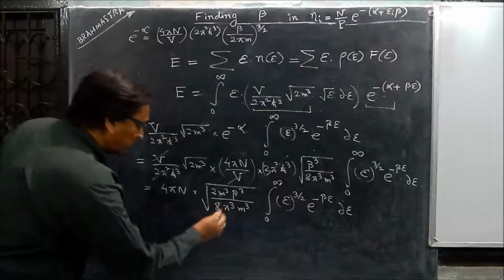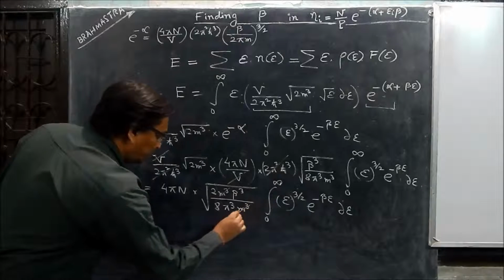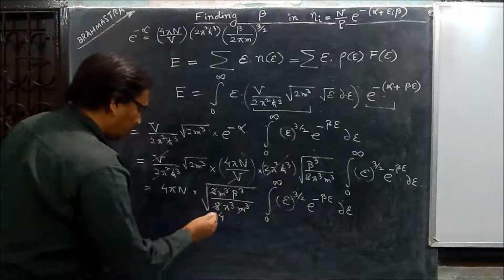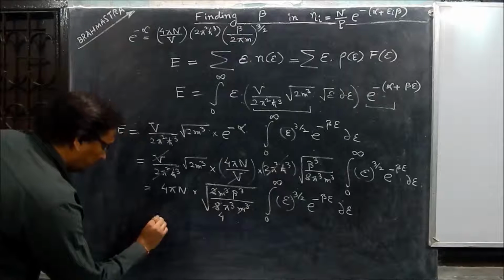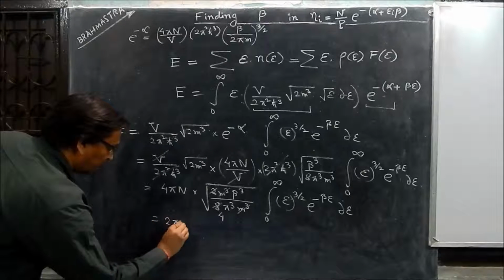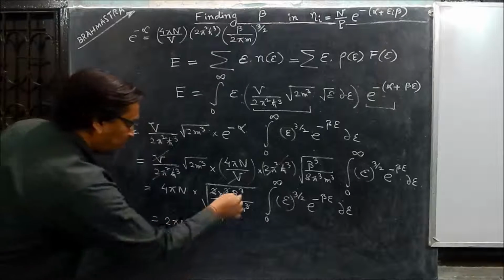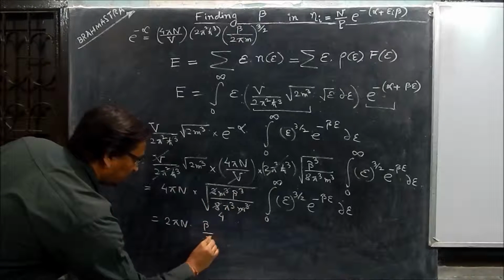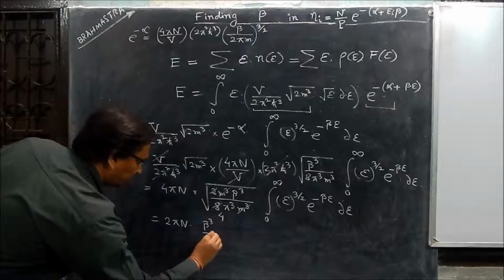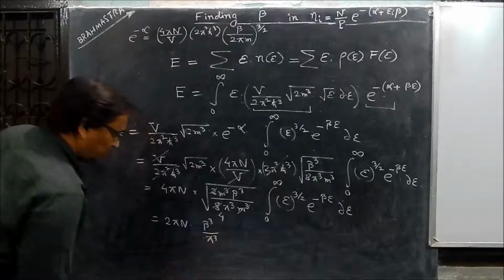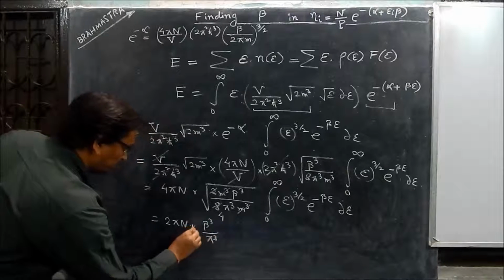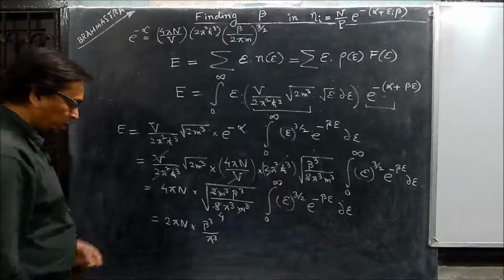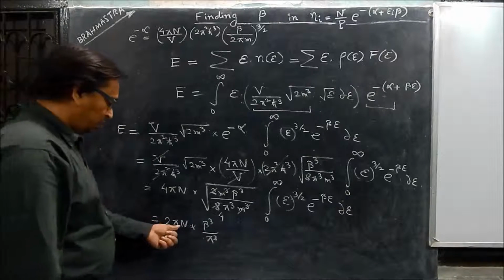Here you can see that m cube and m cube are cancelled, and this is 2, this will be 4, and the root of 4 is 2, so this 2 will come outside. So this will be 2 pi n, and this will be beta by pi, so beta cube by pi cube. We could also cut it, so that this will be 2n beta cube.